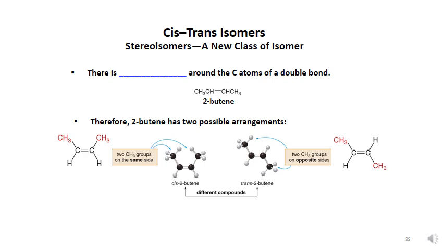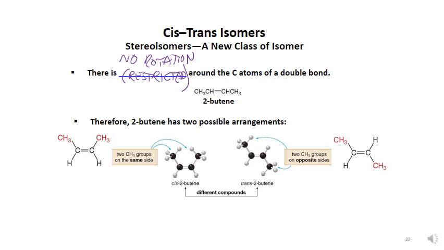But when we have double bonds or triple bonds, there is no free rotation around carbon-carbon double bonds. There is no rotation, or restricted rotation, around the carbon atoms in the double bond. It's much more rigid and they basically stay in place.